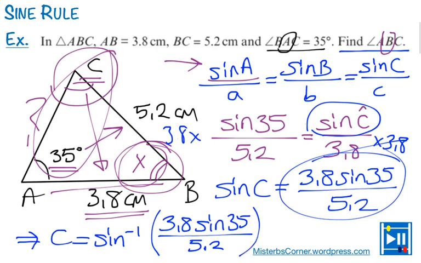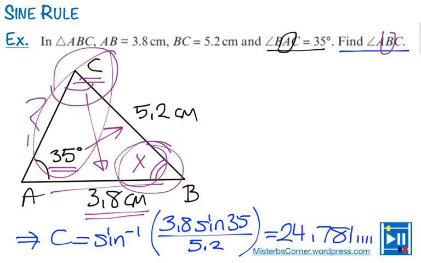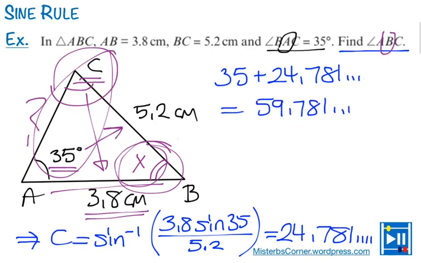So I'm going to have 24.781 and so on. Now, I'm not rounding my answer yet. I'm going to go 35 plus 24.781 and so on equals 59.781.